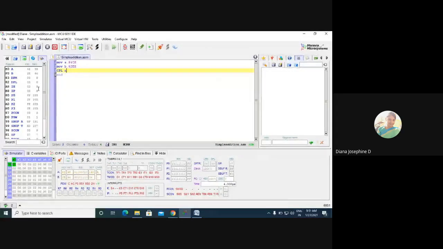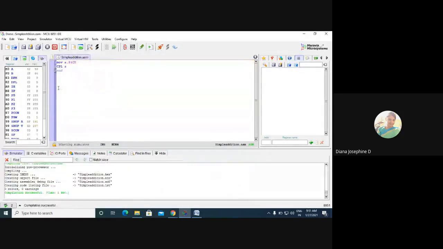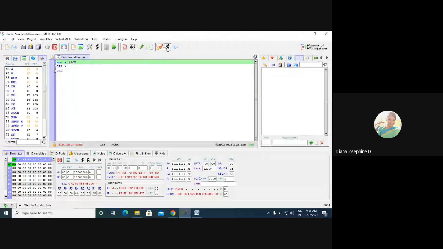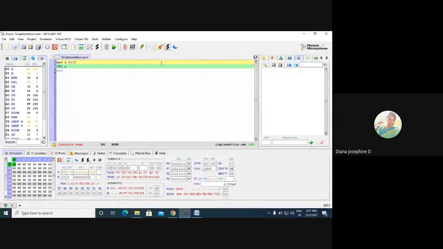Let me take it as A. So this instruction will complement the value of the accumulator. So 4C will be complemented. The complement of 4C is B3. Clear?